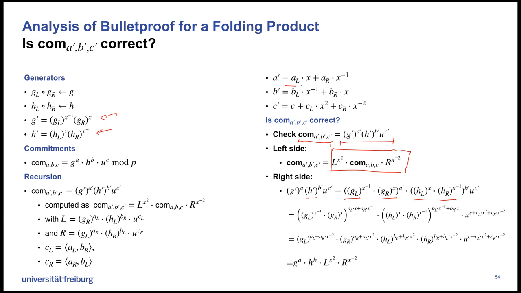I plugged them in, and when I do the multiplication, these are now A prime and B prime, and this is C prime. If you do this correctly, you end up with GL to the AL on this side, GR to the AR, and HL to the BL, and HR to the BR, which is the old commitment here, which you can reuse now.